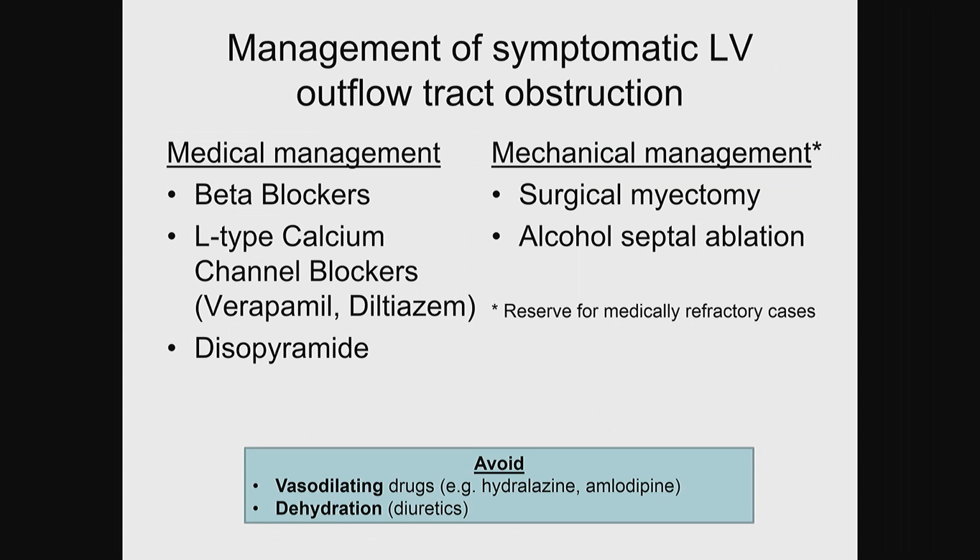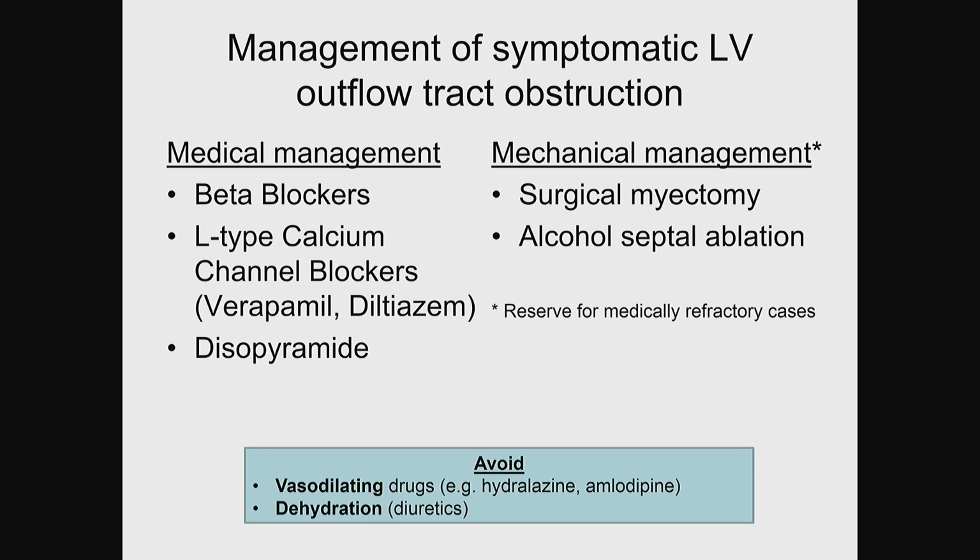Amongst patients with obstructive HCM or symptomatic LV outflow tract obstruction, medical therapy and mechanical management is often effective at ameliorating symptoms. First-line therapy is treatment with beta blockers or calcium channel blockers to diminish contractility and relieve outflow tract obstruction.